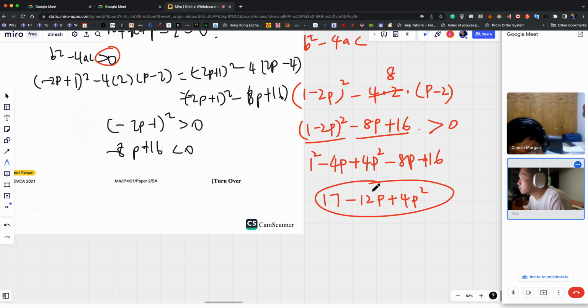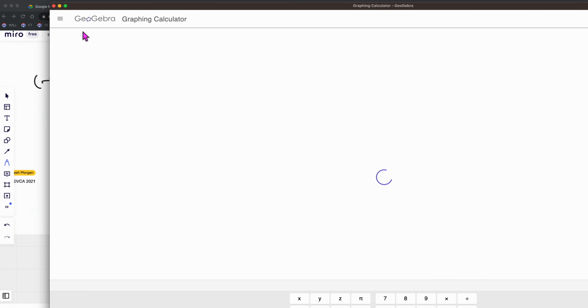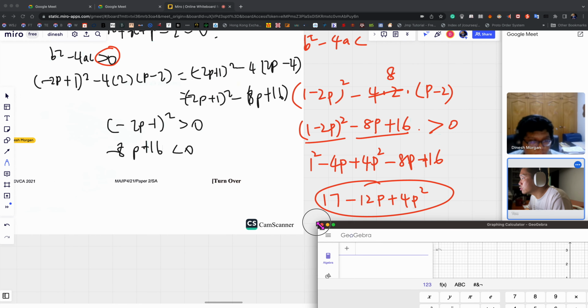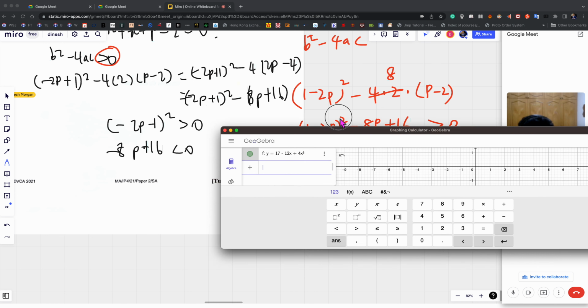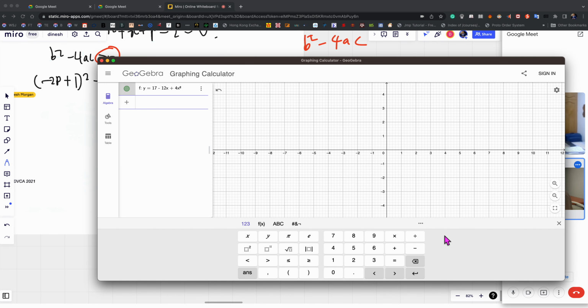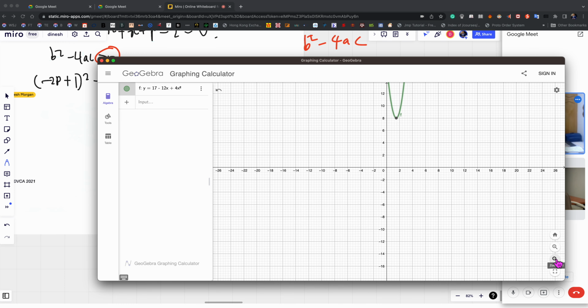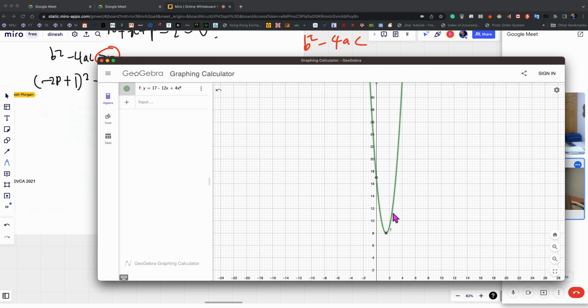Can you sketch this out? Never mind, I'll sketch it out on my side. If this is always above 0, that means it's always positive. I can use y equals 17 minus 12x plus 4x squared. So I key this in and I get this curve.